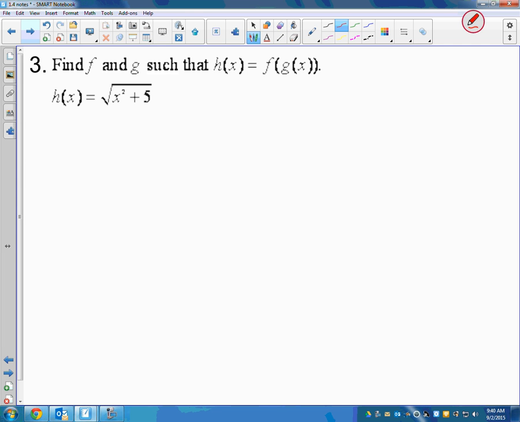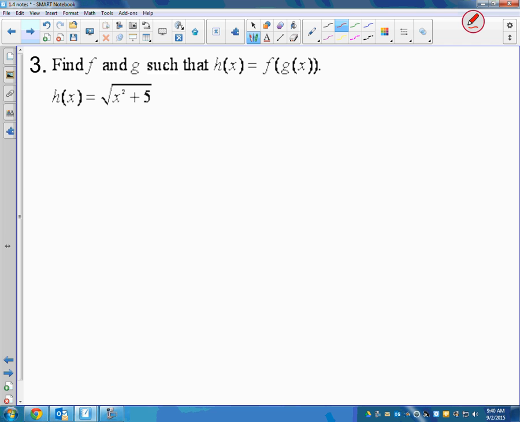But what I like to do is make you think about taking a function and putting it into a function. So they call this decomposing functions. So this one says, find f and g such that h of x equals f of g of x, which means they put a function in a function already, and they want you to break it apart as what 2 functions go together in composition to give you this new function.